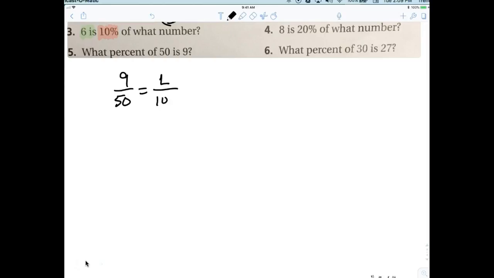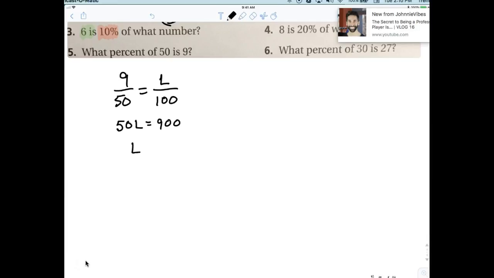And then you just cross multiply, and I would have 18. Everybody happy with that? Now it's 18 what though? Oh, 18%. How did I know it was a percent this time? Because it said what percent.